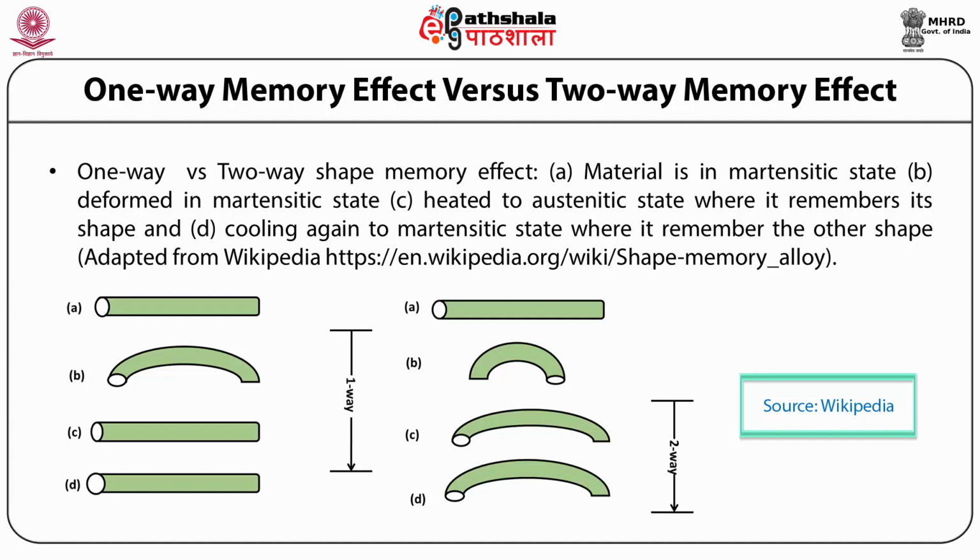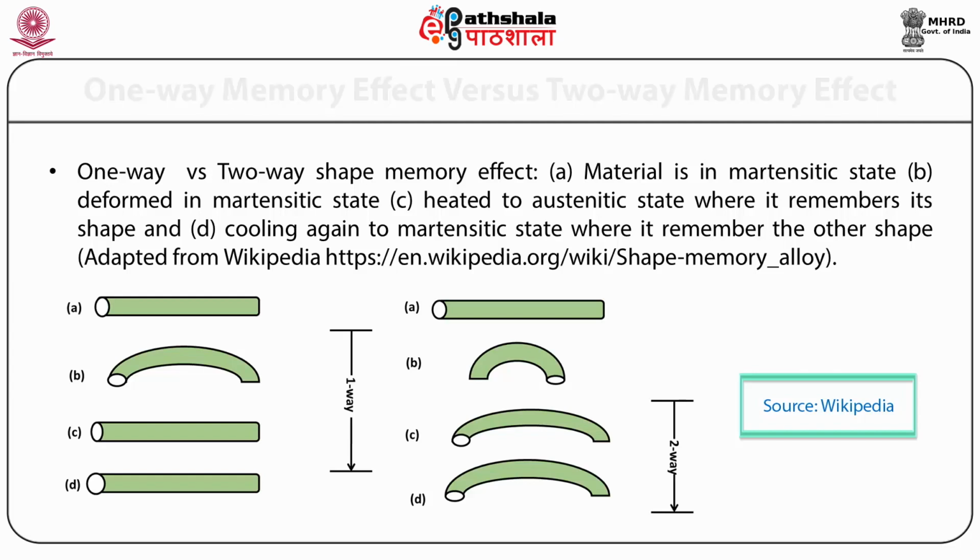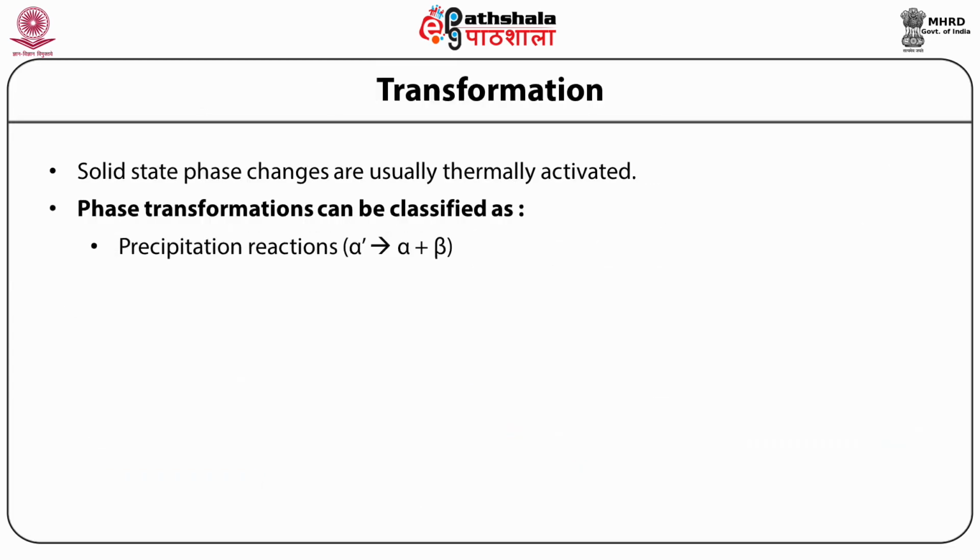Transformations. Solid state phase changes are usually thermally activated. Phase transformations can be classified into the following main classes. First, precipitation reactions, where alpha prime changes to alpha plus beta.